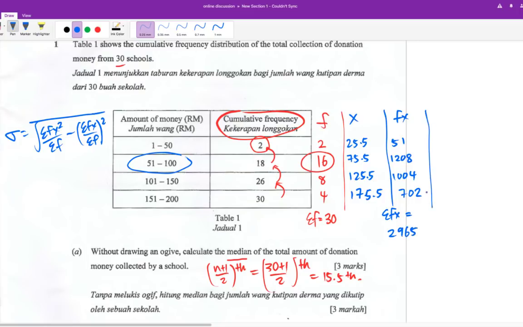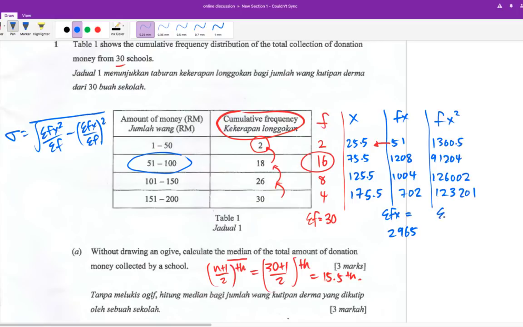Then the next thing is I will need to find the sum of fx squared. Fx squared basically is fx multiplied with x. That means you just take whatever fx is here, and multiply with the x. So the first one you should get 1300.5, the second one you should get 91204, this one you should get 126002, and this one you should get 123201.